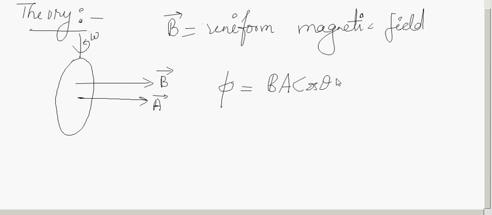Theta is the angle between B and A. Or if the coil is rotated with an angular velocity omega, then at any instant t, the flux will be given by BA cos omega t. Now in this case theta is 0, so the initial flux is maximum.